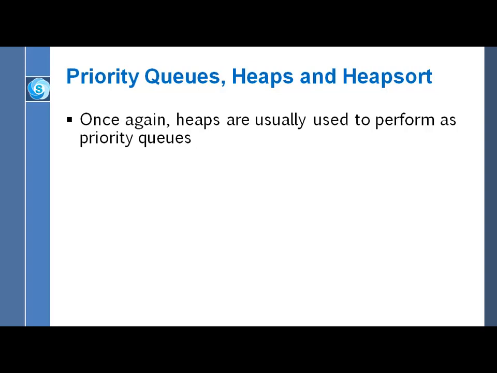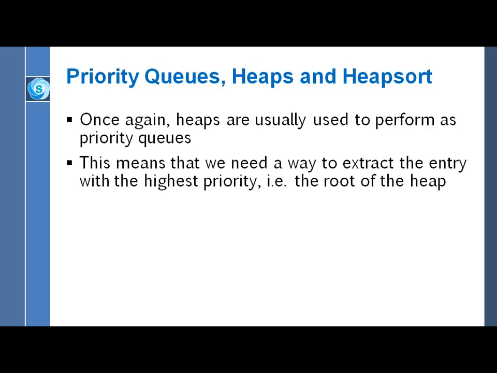And at a practical level, that means we're going to have to take the data that's in position 1 in the data array and effectively take that out of the heap, and also throw away the corresponding priority, which would be in position 1 of the priority array.